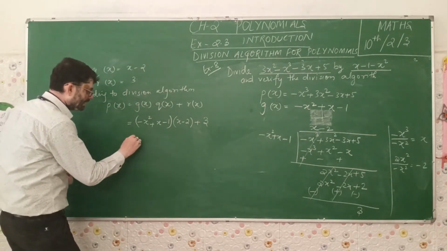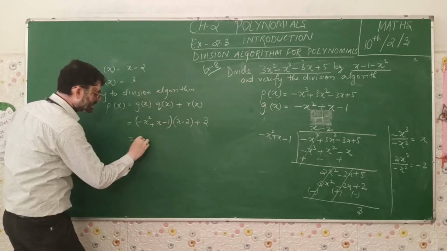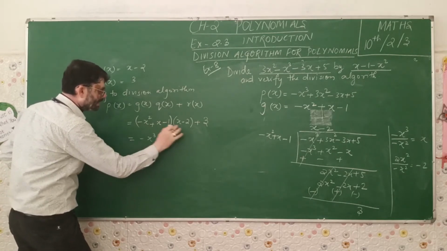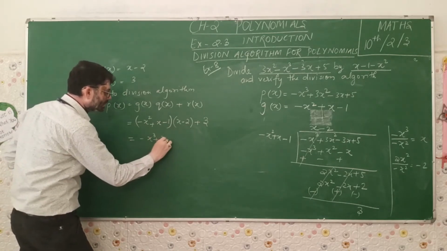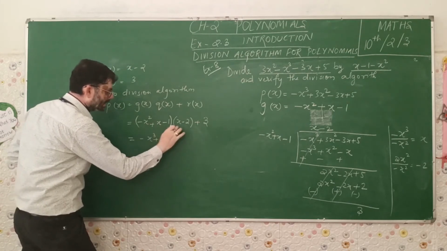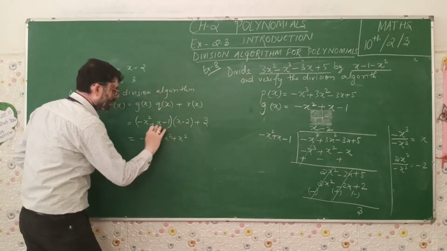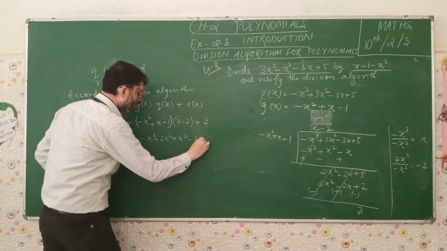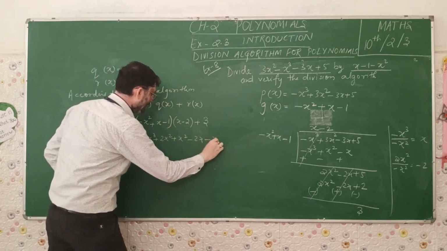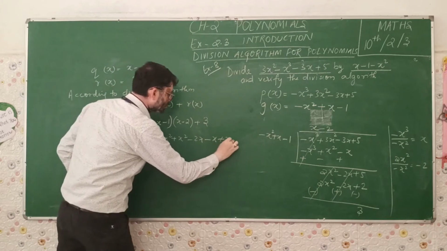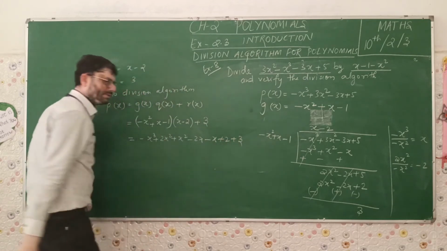So let us multiply minus x squared by x, this is minus x cubed, minus x squared into minus 2 is plus 2x squared, and x into x is x squared, and plus x into minus 2 is minus 2x, and minus x, then plus 2 and plus 2.